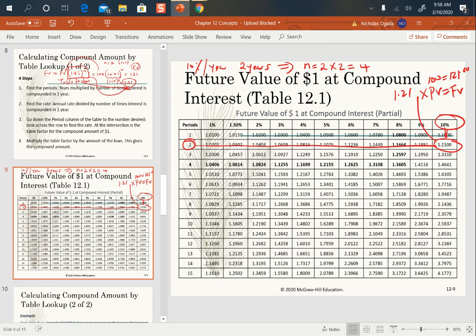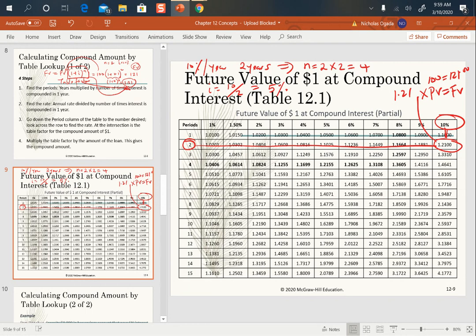Your I, or the rate, changes from 10% to 10% divided by 2 periods per year, and in this case you end up having 5% as your rate per period.